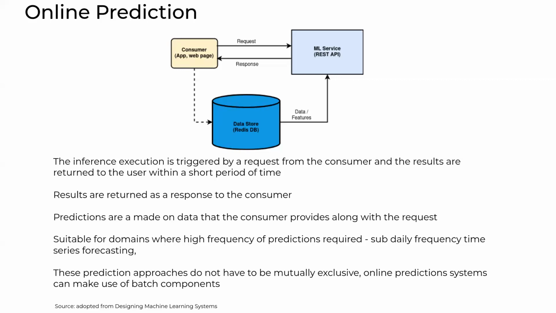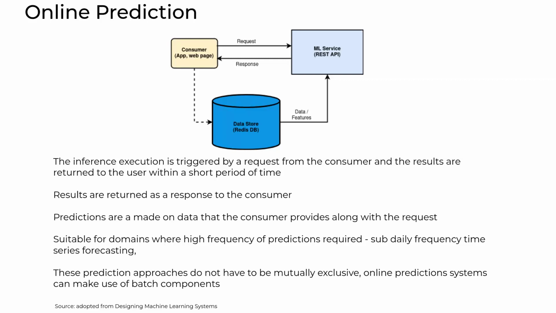And depending on the use case, the app can actually request some other data if it's available from a data store as well. For instance, if it's something personal to the user, then you can get that data from a data store or a Redis cache and run the inference. Then you have to send the response.